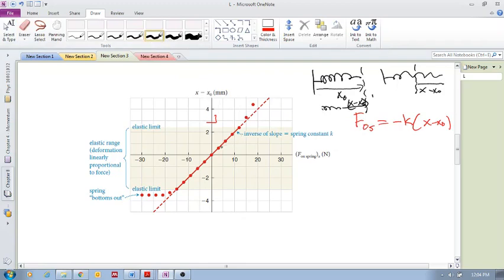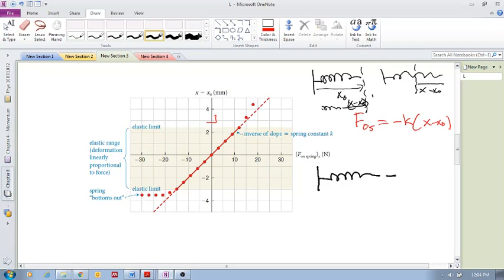What is the significance of the slope? You've got the displacement of the free end, x minus x0, as a function of the force applied to the spring.